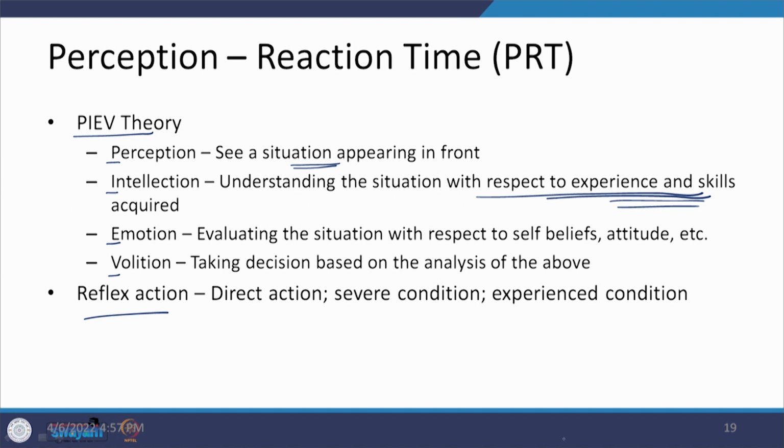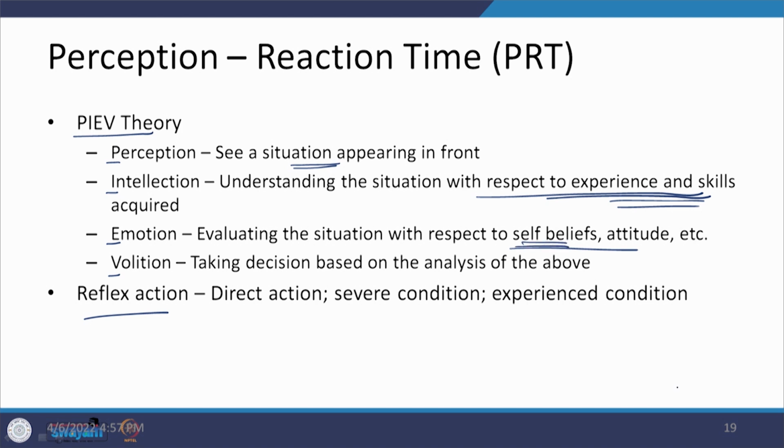Then the evaluation is also going to be there on the basis of the attitude of the driver or the self belief. The attitude of the driver says nothing doing, I am not going to change anything, I am just moving, whatever happens, this animal has to move away from my path, or this object if it is lying, I have nothing to do, I am going to hit it. So maybe that can be a negative attitude, or there may be a self belief in certain things.